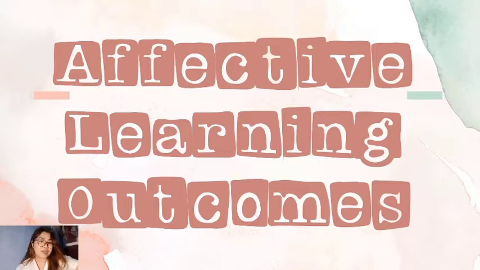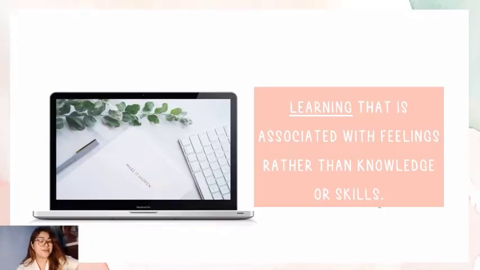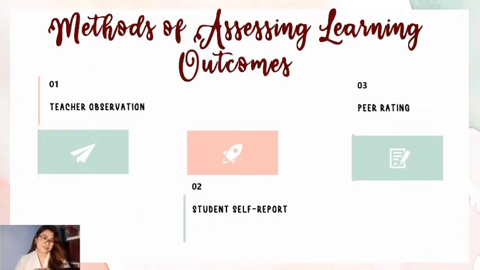So, effective learning outcome is a learning that is associated with feelings rather than knowledge or skills. It is somehow connected to the appropriateness of assessment methods because it is a way of collecting information to determine the extent to which the students demonstrate the desired learning outcomes.